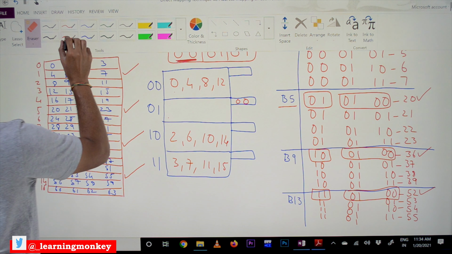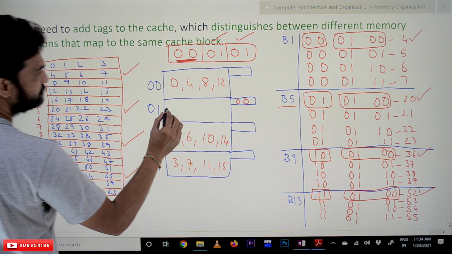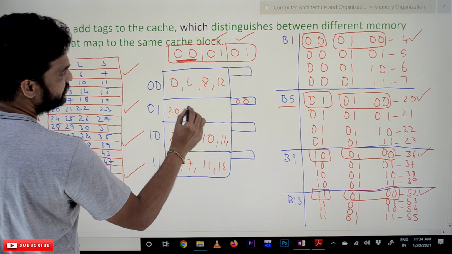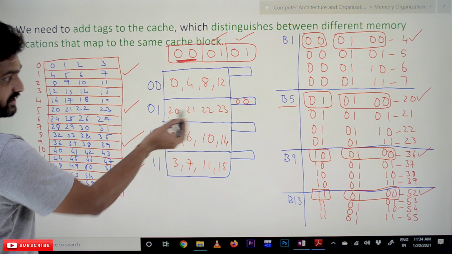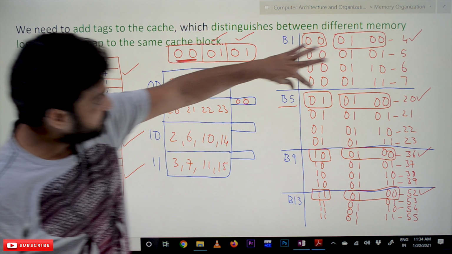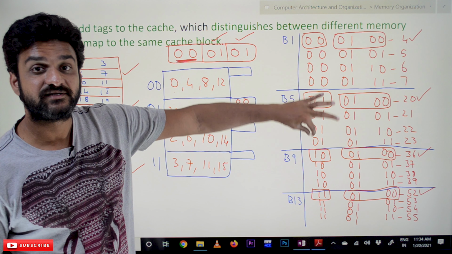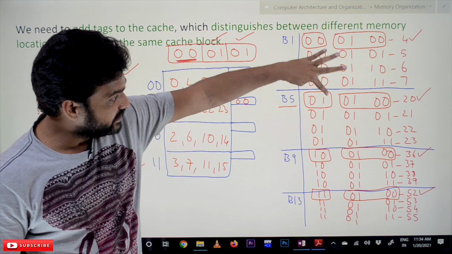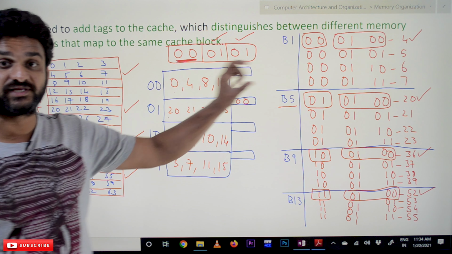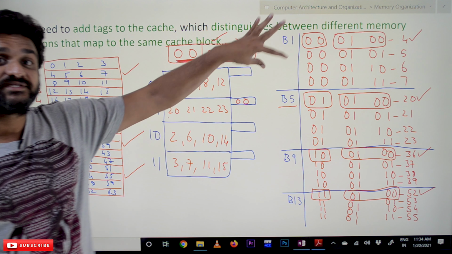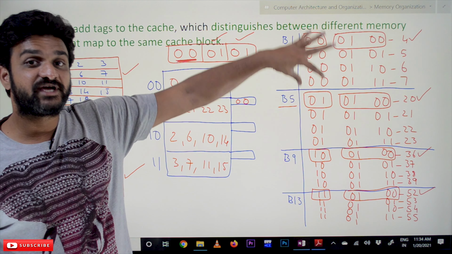The words are 20, 21, 22 and 23, and all these addresses have the same most significant 2 bits.